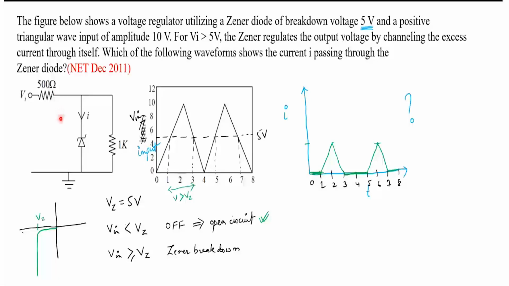Normally, when we design a voltage regulator, we put a resistor here. We never connect a Zener diode or a normal diode directly. This is just to protect the diode without altering the flow of the current. You are saying that because of this resistance, there will be some change in the current or the voltage.